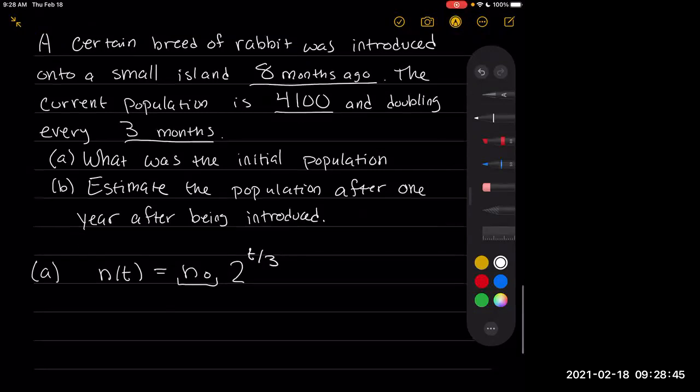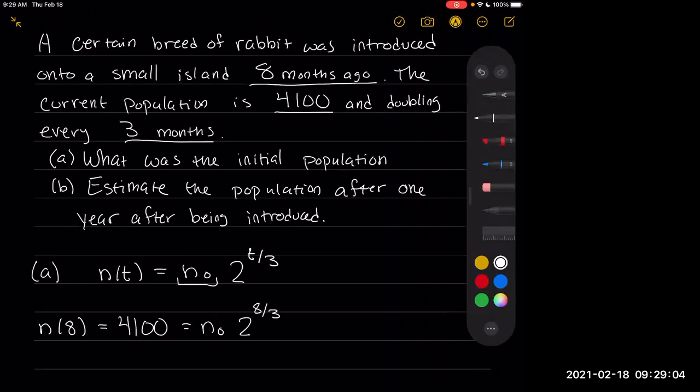And we also know that N of 8 is 4,100. So this also is equal to N naught times 2 to the 8/3.